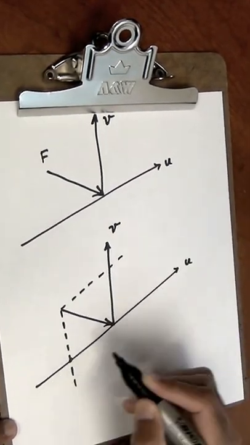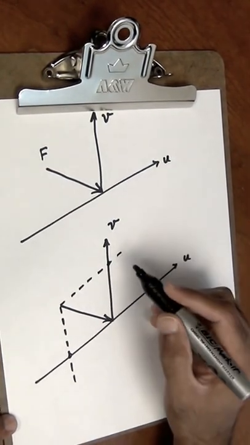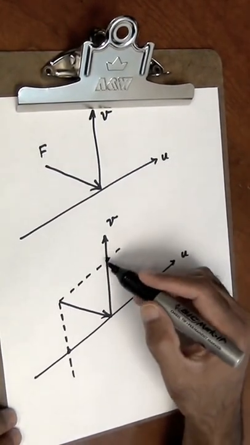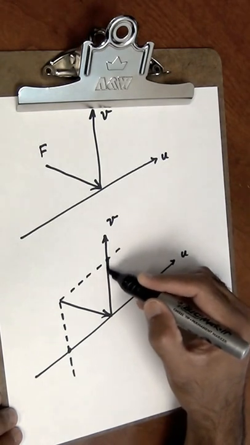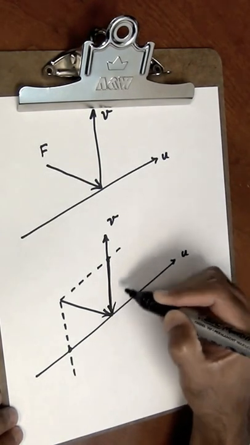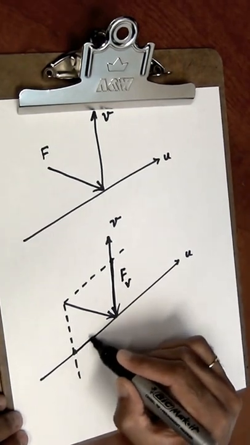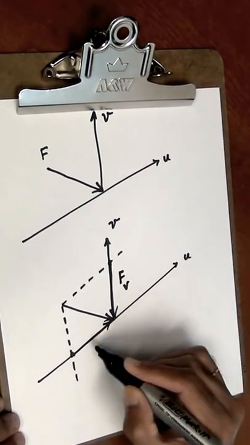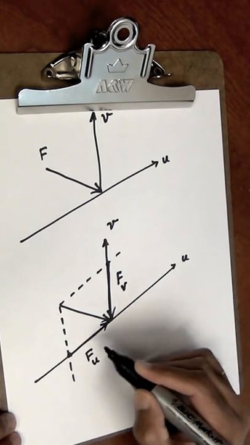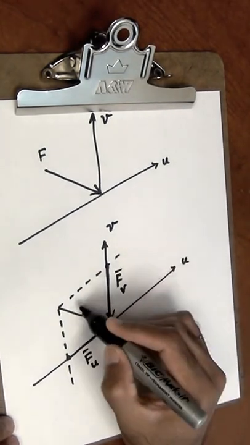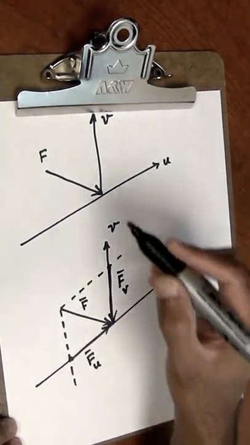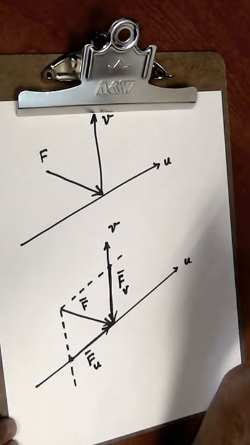They are going to intersect at these two particular points, and when I'm drawing the components now, you see that the component along V has changed in direction, and this has to be F suffix V. And similarly, if this is the component along U, this has to be F suffix U, F suffix V, and this is the force vector F. Thank you.